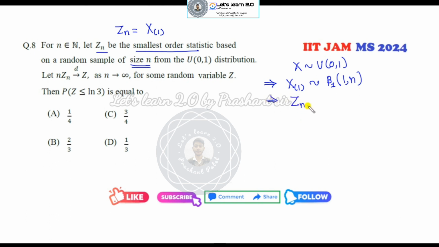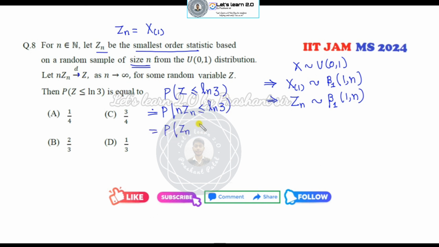That means your Zn will follow the beta distribution with parameters 1 comma n. Fine. Then n into this will converge to z with the distribution z. Very simple. Fine. We can write in terms of the CDF. So I can substitute the value of z. Z converges to this.